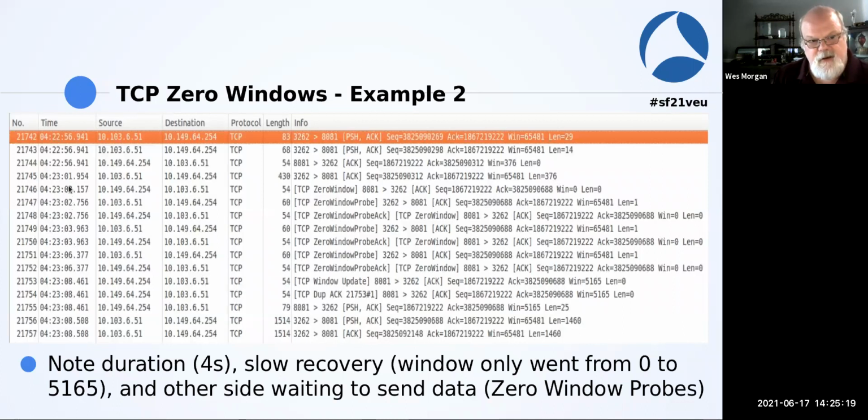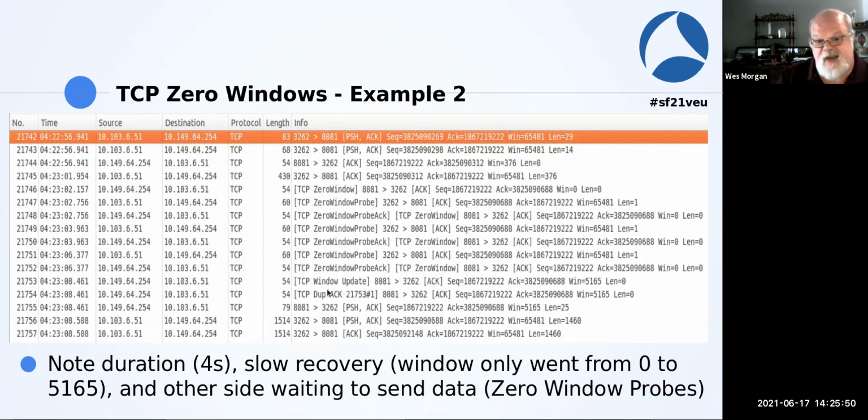Notice the deltas between these attempts, right? 600 milliseconds, 1.2 milliseconds, 2.6 milliseconds. Zero window probes multiply the round trip time, just as do retransmissions.